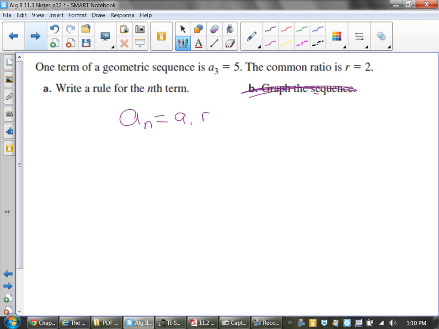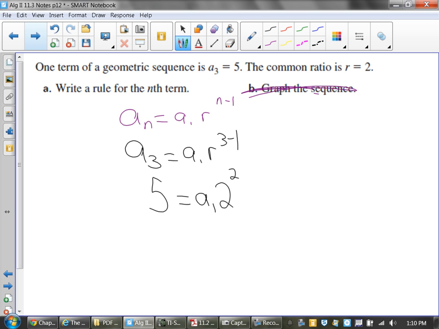First term, ratio to the n minus 1. If I'm working with the third term, it is the first term times the ratio to the 3 minus 1. Well, that means 5 equals first term times 2 squared. Just by filling in the blanks.